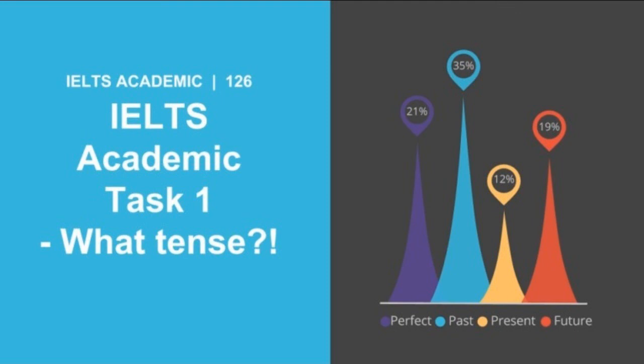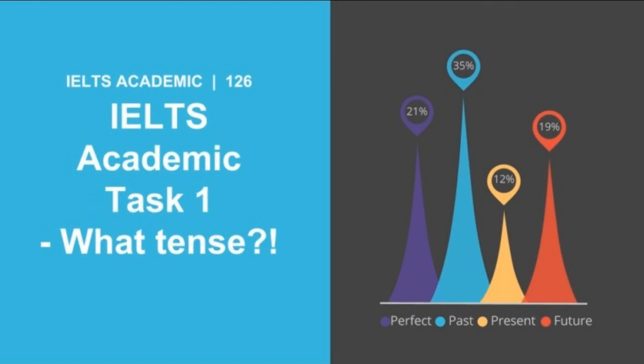And the key sentence to master is it is predicted, it is forecasted, it is believed. It is believed that global warming will reach peaks in the year 2020 or 2030. Can you see? In academic Task 1, we're not going to use going to because it sounds a little bit colloquial, so our options are limited.